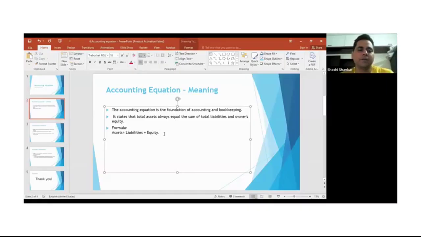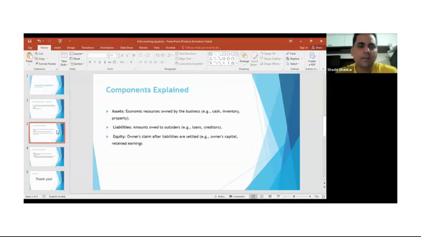So in short, asset is equal to liability plus equities is the accounting equation.